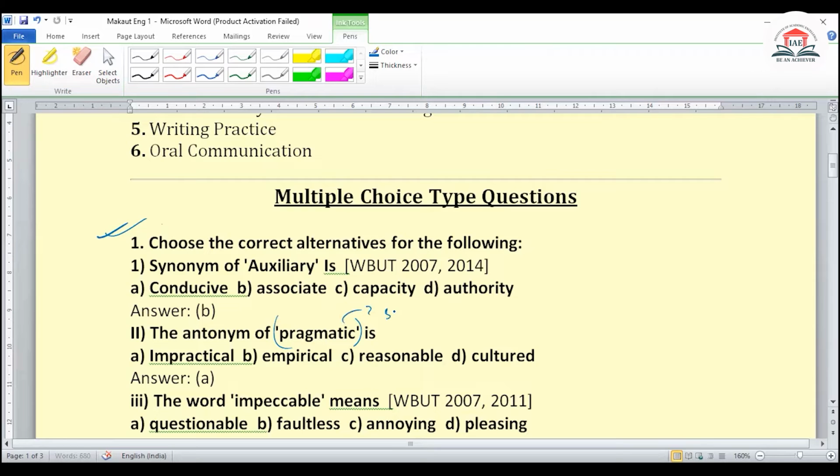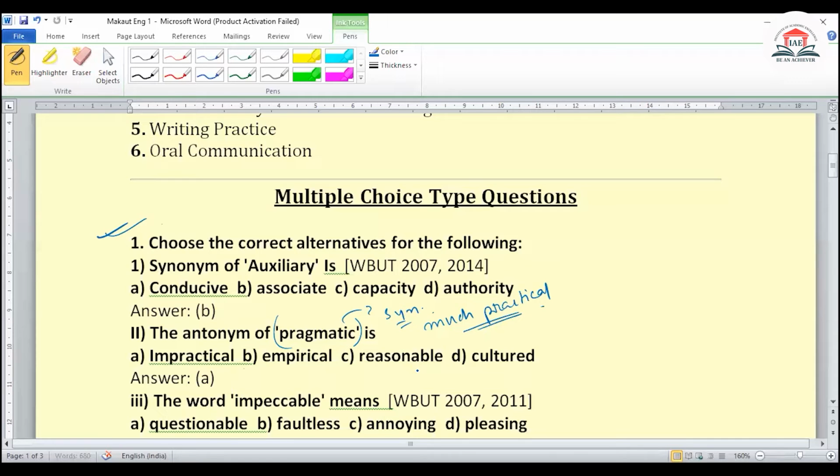Pragmatic means someone who is very practical. Synonym, I mean, antonym, practical.